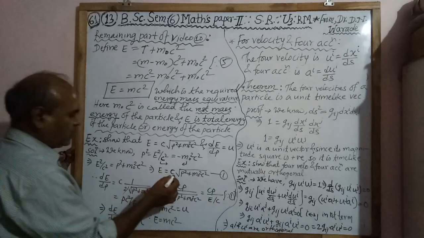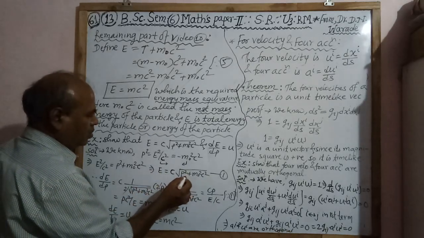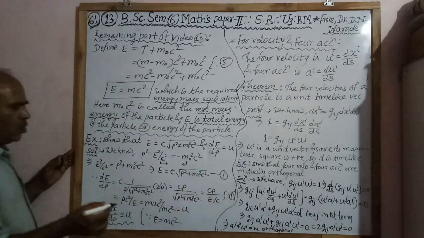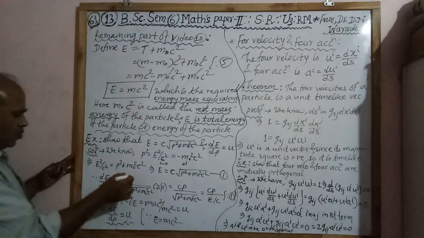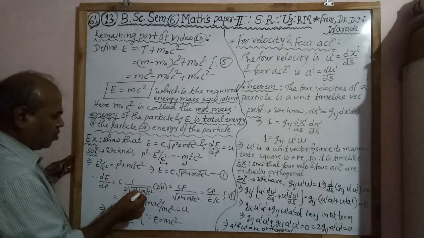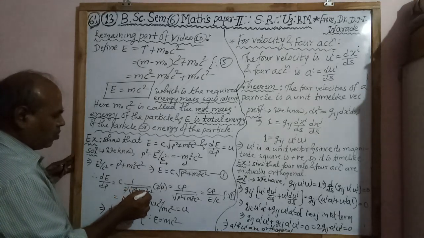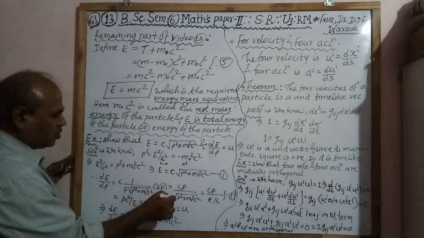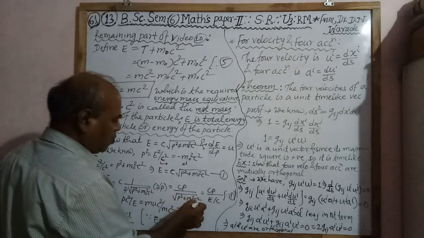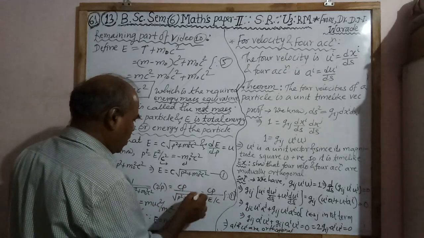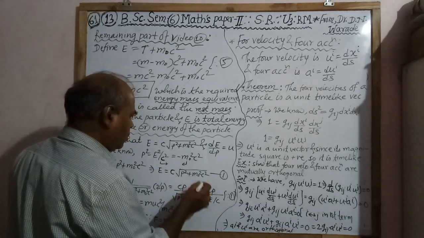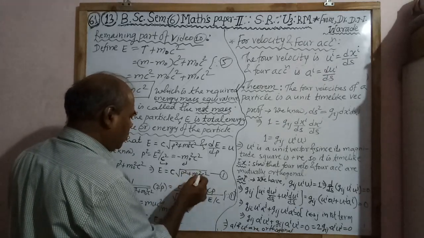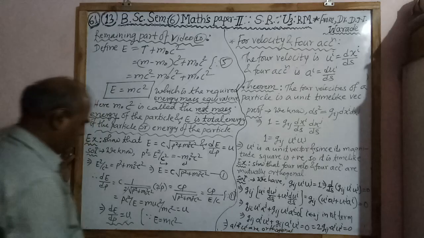Now differentiating this equation 1 with respect to p. We know that the derivative of the square root of x is 1 upon 2 square root of x. Therefore 1 upon 2 times the square root of p square plus m0 square c square, into the derivative of the internal function, 2p. The 2 gets cancelled: c p upon the square root of p square plus m0 square c square. By equation 1, the value of the root is given by E upon c.